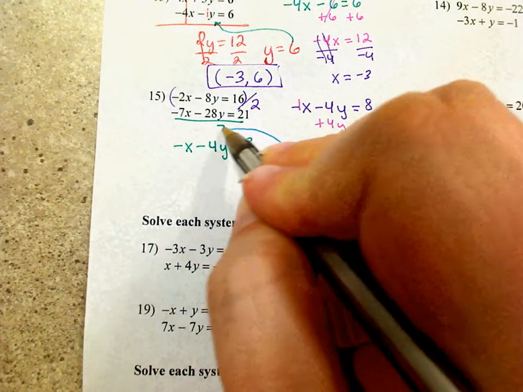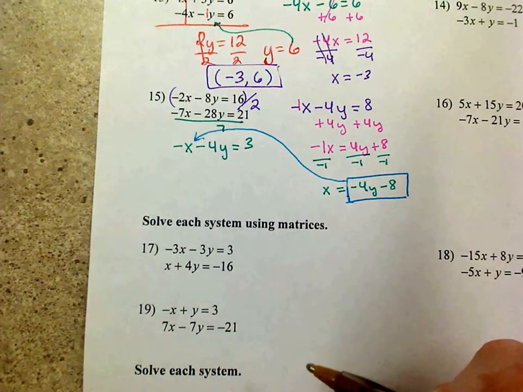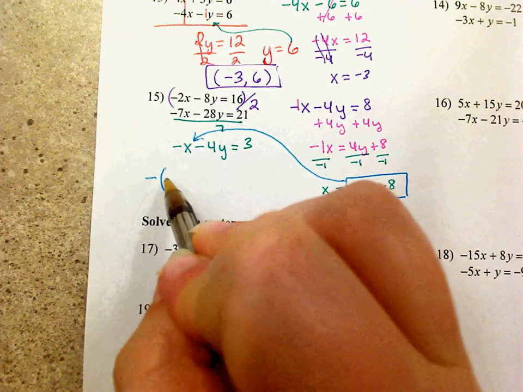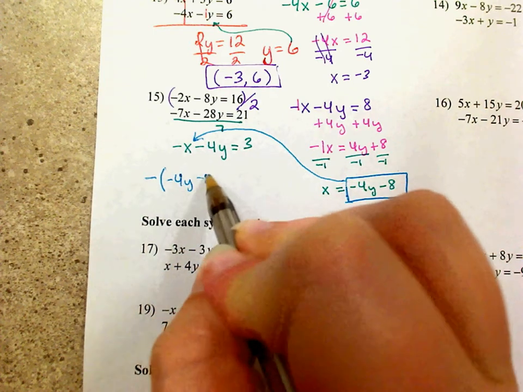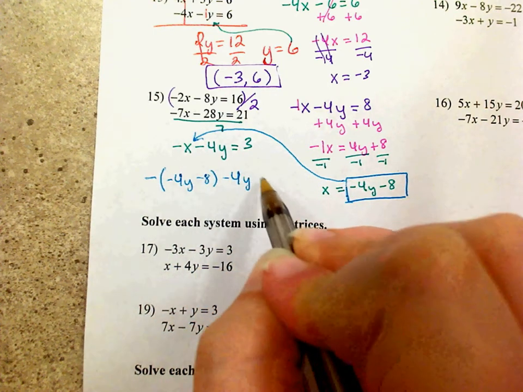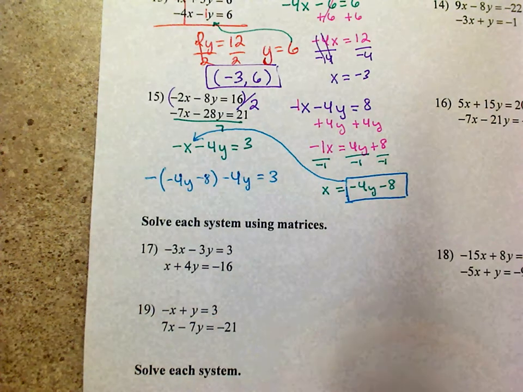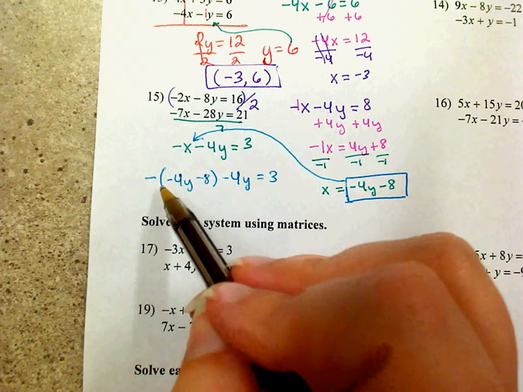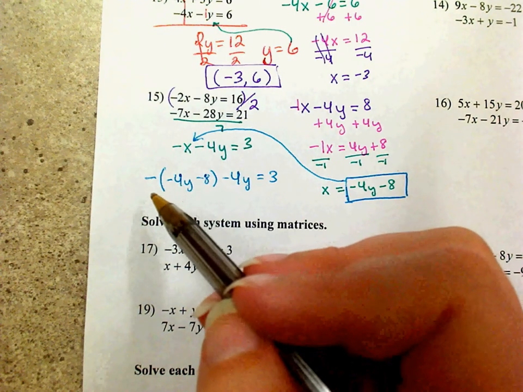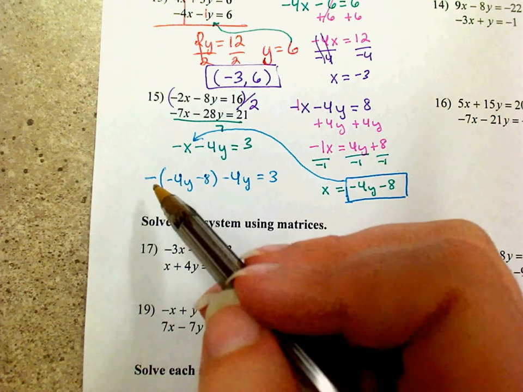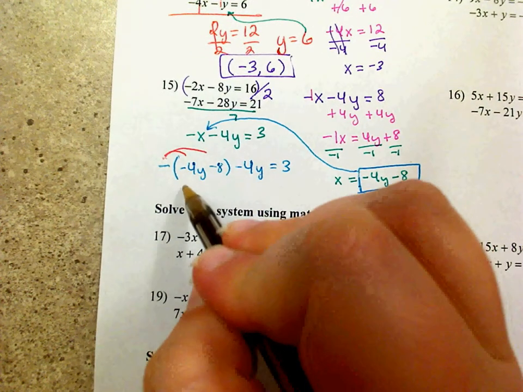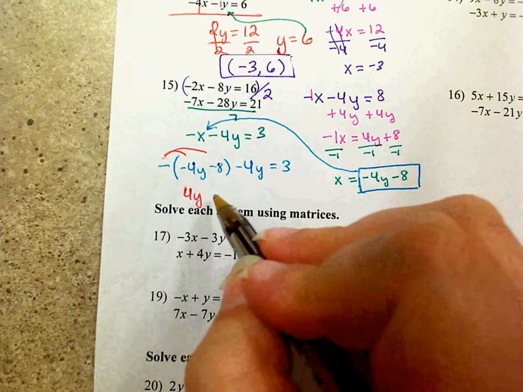So I've got negative 4y minus 8 minus 4y equals 3. What do I do with this negative out in the front? Distribute it? So if I distribute my negative, what's a negative 4y? What's a negative 8? Minus 4y equals 3. What happens to the 4y's?